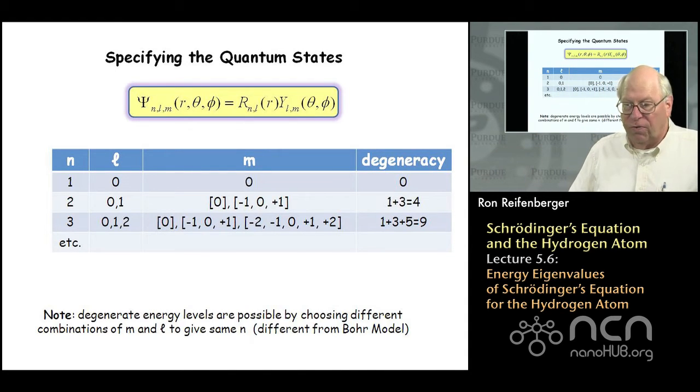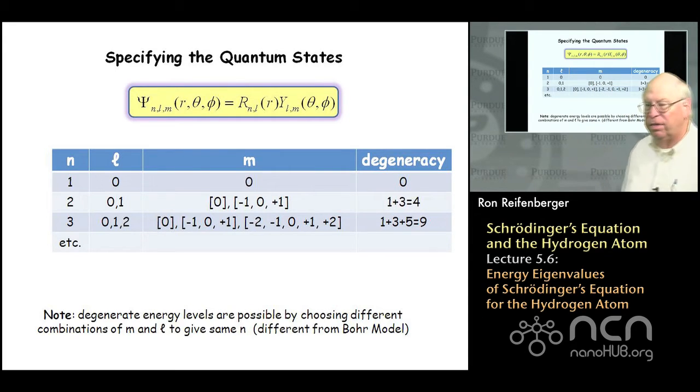It's probably useful just to summarize where we're at, what we've achieved. Basically, what we have achieved is a way to specify the eigenfunctions that satisfy Schrödinger's equation.